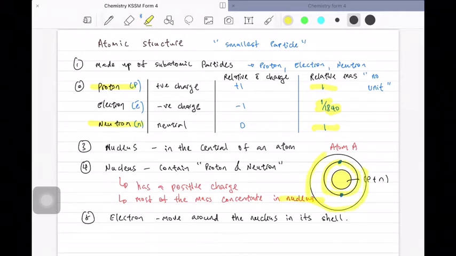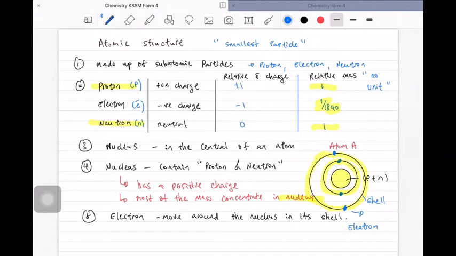Okay, this is the shell, second shell, for example, and it contains electron. And this is the shell. Alright, now let us move on a little bit more.